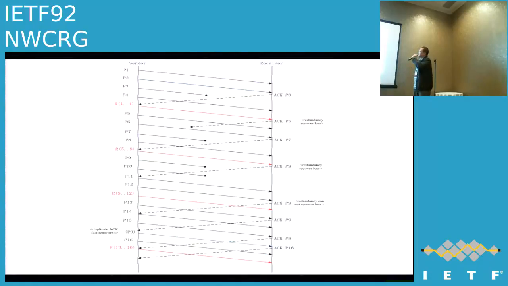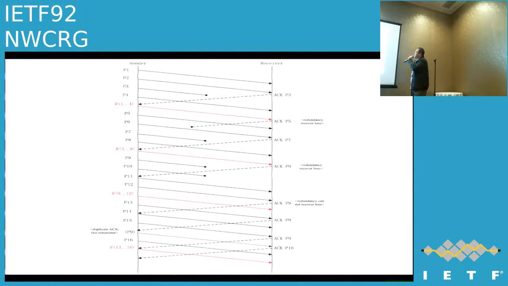This is the ladder diagram to show our mechanisms. It is just a simple example. In this example, we have 4 original packets and 1 coded packet. In the first case, for example, packet 3 is lost and the others arrive successfully. We can decode the original packets by using redundancy, and then we reply that all packets have been received successfully.